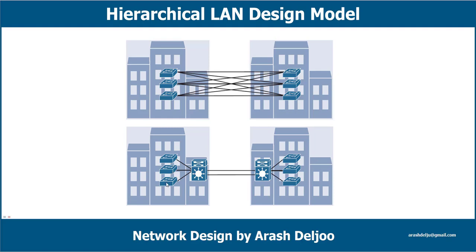With the distribution layer switch, we can aggregate the 3 access layer switches in one switch, and after that we need only 1 or 2 fiber links between the 2 buildings. Actually, the function of the distribution layer switch here is reducing the number of fiber optic runs between buildings. This reduces the cost of the network for us.